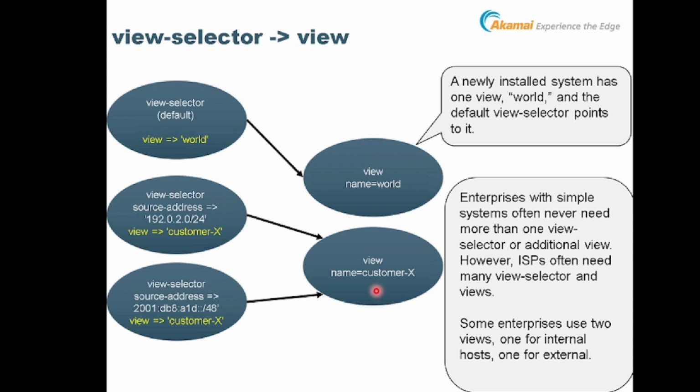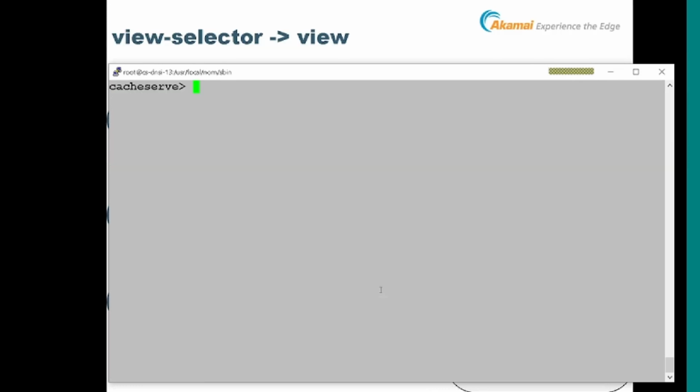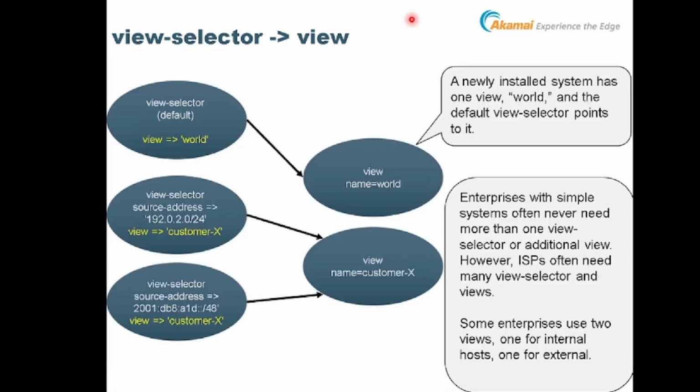If we look at the view.mget, you can see that there is a default view called world, and it has a pointer to a resolver, which is also named world. And that's the one thing that a view must have besides a name.